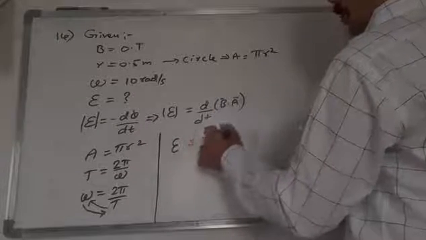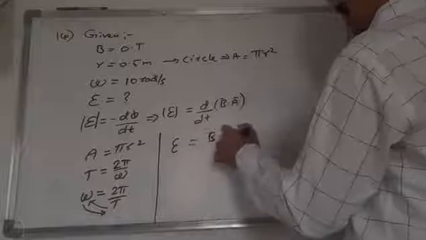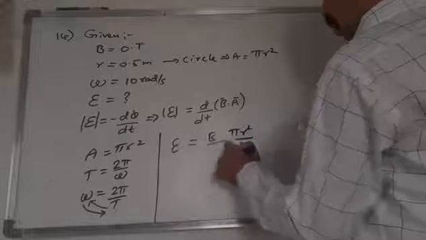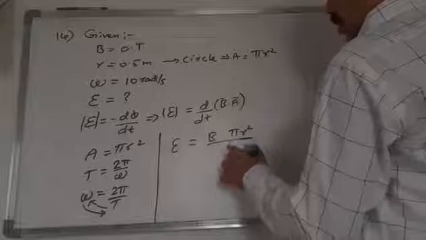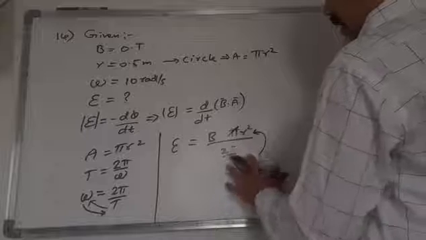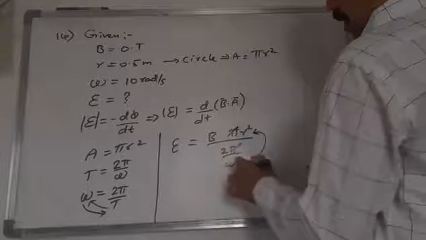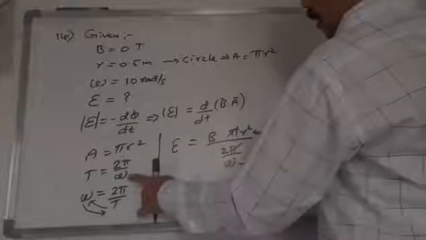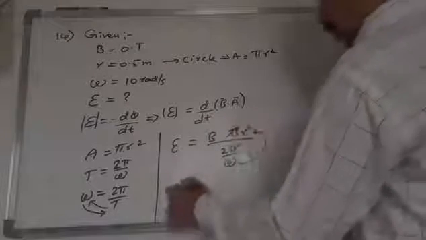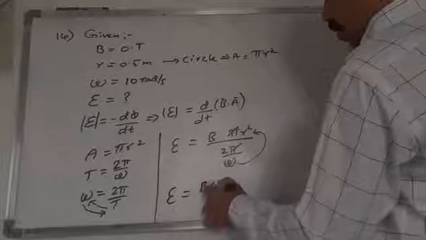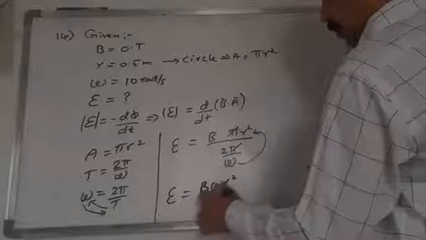E is equal to B into pi r square by 2 pi by T. So what we get? Pi gets cancelled, T gets reciprocated, not T, omega: in the place of T we are substituting 2 pi by omega. Now omega gets reciprocated, so E is equal to B omega r square by 2.